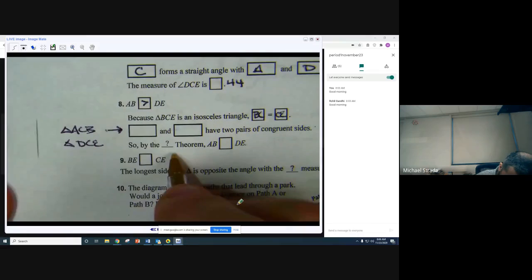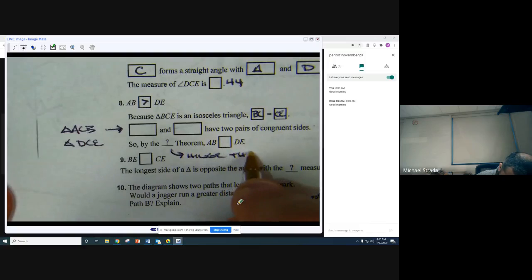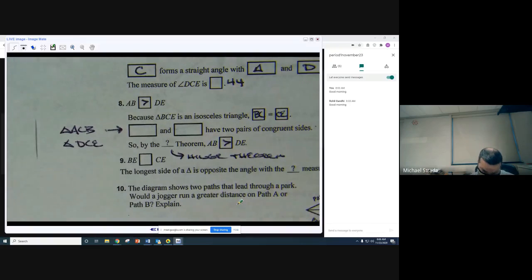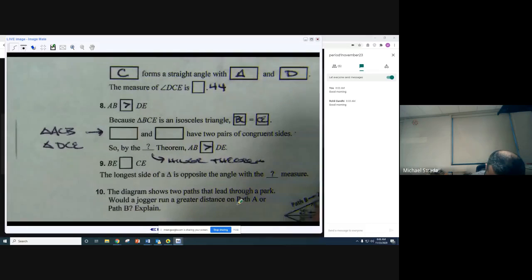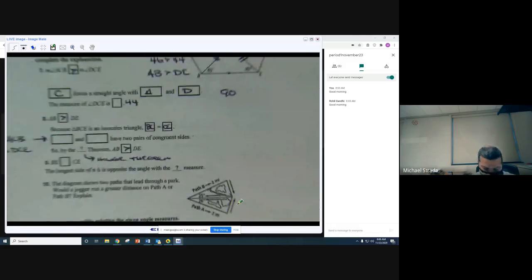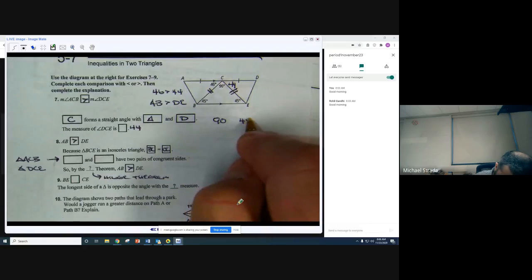So by what we call the hinge theorem, we concluded that AB was greater than DE. Now, if we go back to single triangles, which is 5.6, BE versus CE. BE is opposite a 90-degree angle. CE is opposite a 45-degree angle.